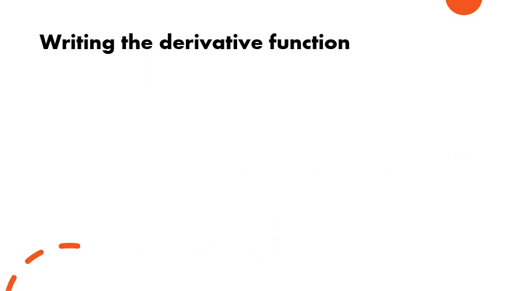Okay, now I want to teach you another thing about the writing of the derivative function. You see that the derivative function that I have written before uses the accent, right?